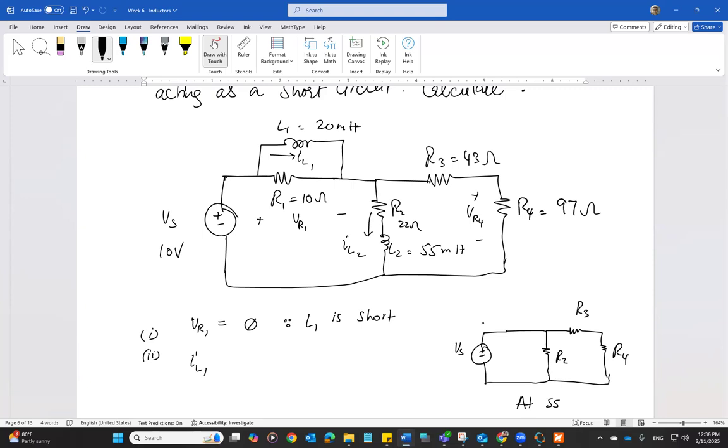This IL1 is the total current coming out of your power supply, which can easily be found by combining all the resistors and calculating the current. That is going to be Vs over R3 plus R4 in series, in parallel with R2.